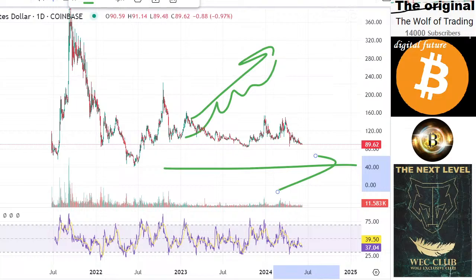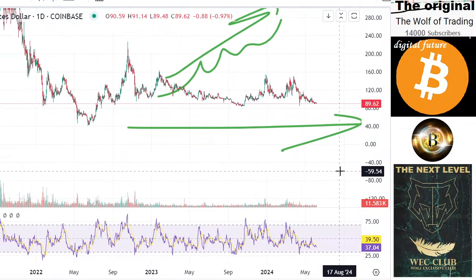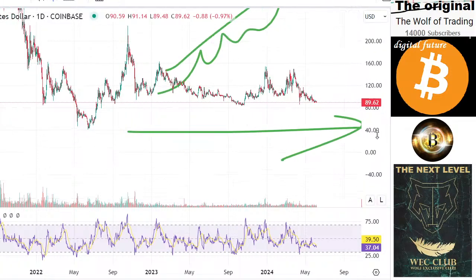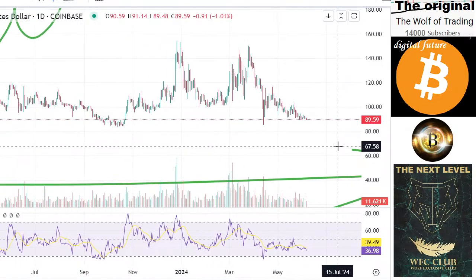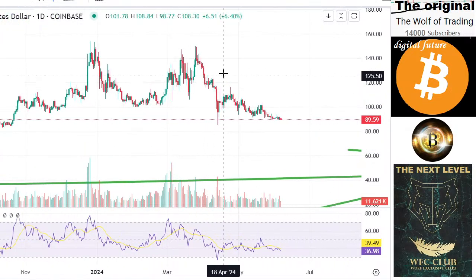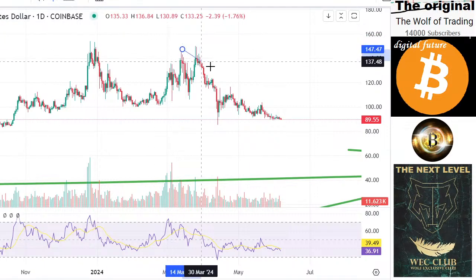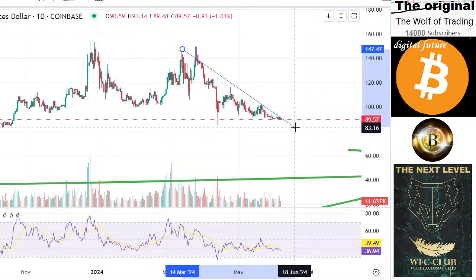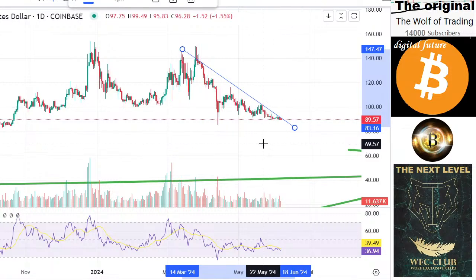And the bad information on this chart is that we have a highly negative structure here. Look here. The chart is going extreme to the downside, and this here will not hold.